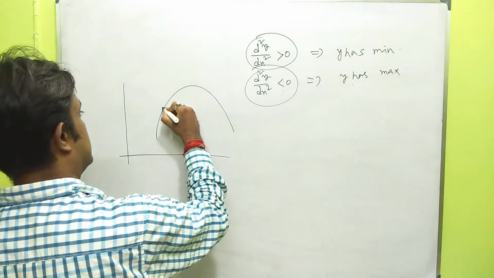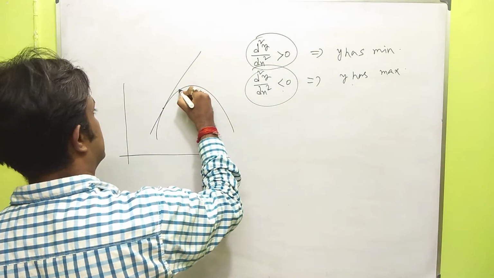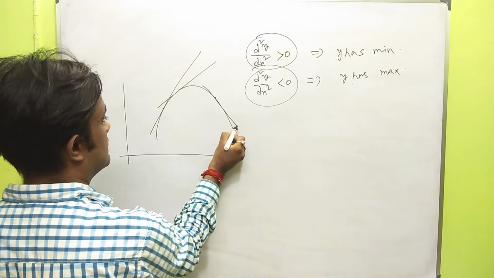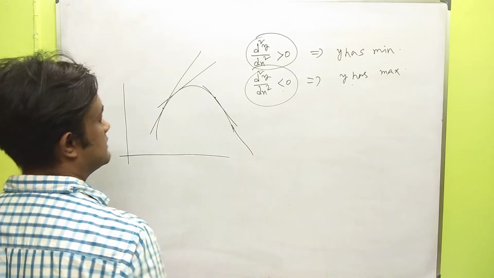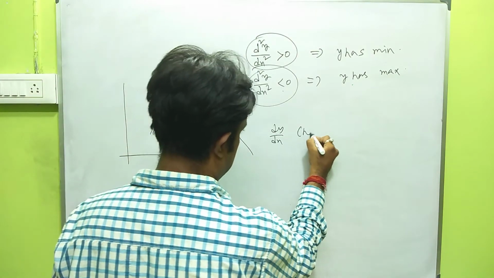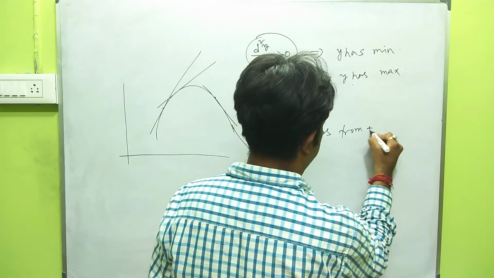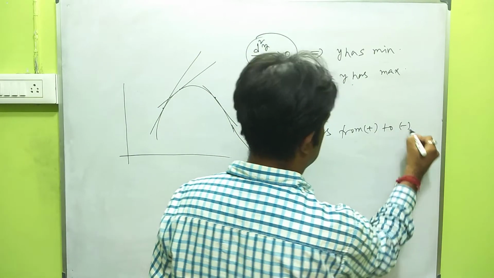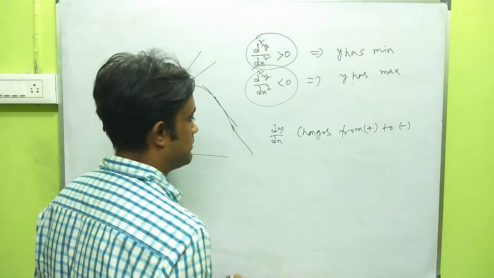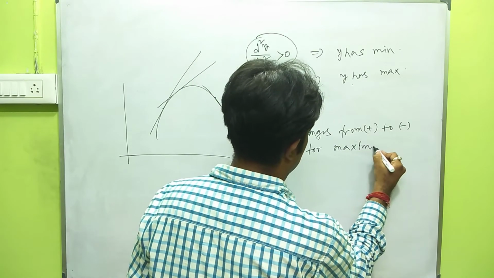Here we see that the sign of dy dx changes from plus to minus for maximum value.